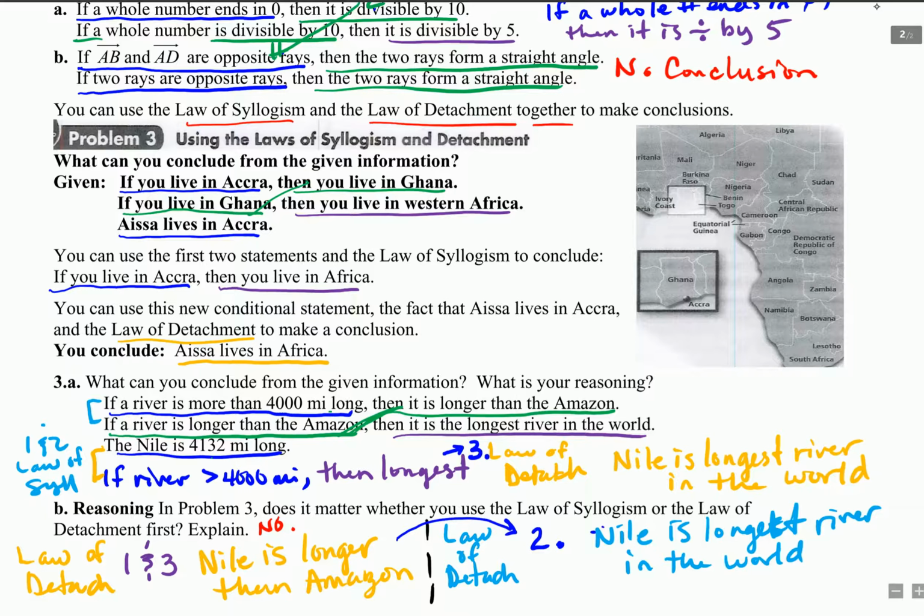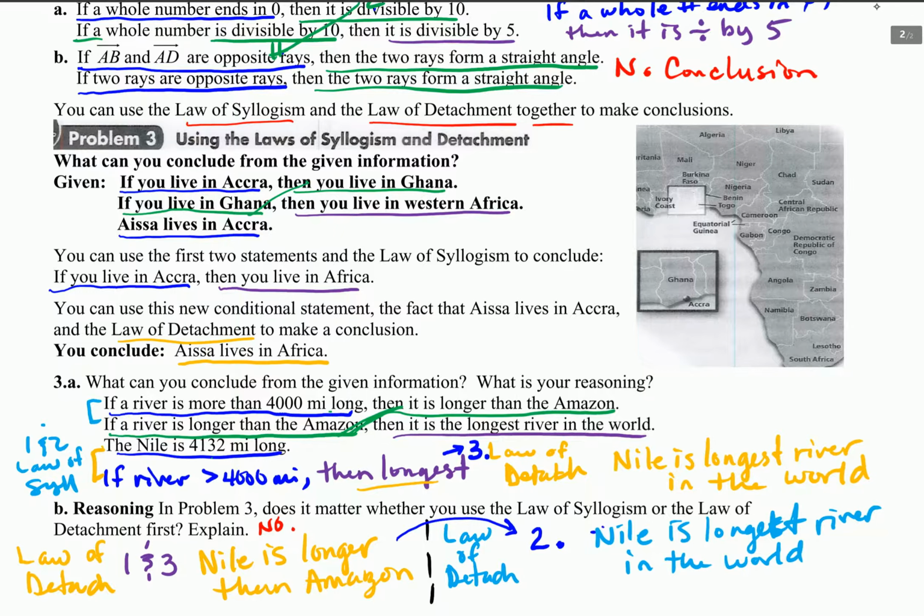We used our law of detachment saying our hypotheses match, then our conclusion is true. So that says then we have the longest river in the world, so the Nile is the longest river in the world.